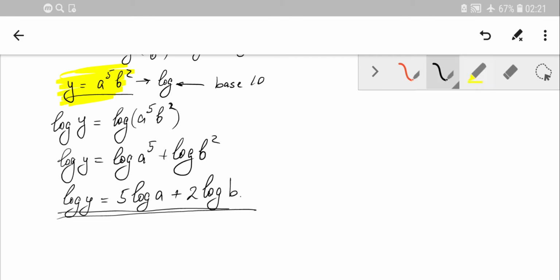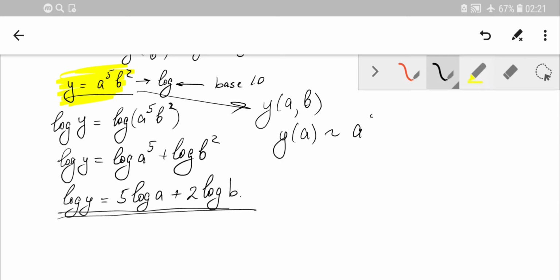All right. So what it means, if we explore dependency of y from a and from b, let's say from two parameters, as in this case, so you obviously see that y depends on a as a^5 and y depends on b as b squared. So it's pretty much more complicated.